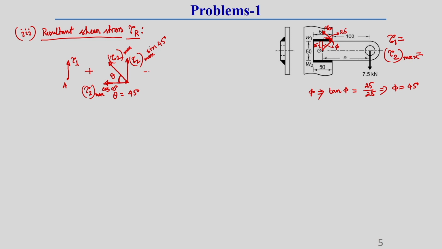So, from here we can sum this vertical tau 1 and tau 2 max component and horizontal component separately. Then what will be the thing?